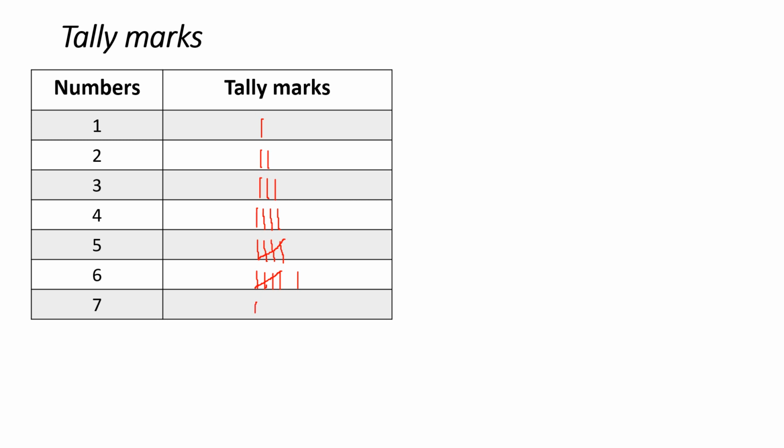For 7, 1, 2, 3, 4 and 5 like this, slanting line across the rest of the 4 lines. Then 1 and 2. So it is 7. 5 plus 2, 7. So in this way, we can mark tally marks for any number.